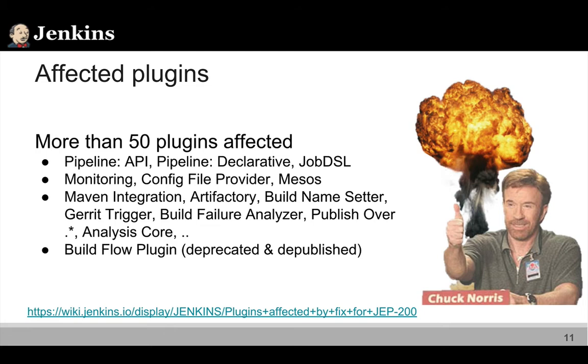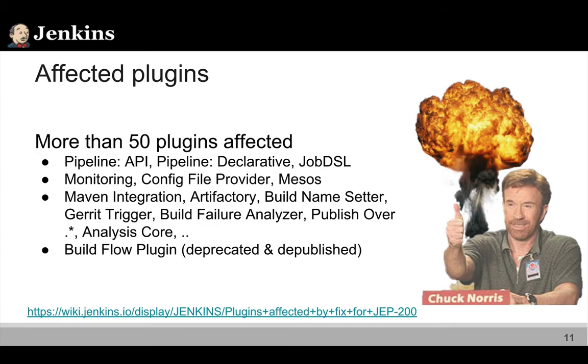And there are major plugins affected, for example, Pipeline API, Declarative Pipeline, Job DSL, Maven plugin, Mesos, etc. It means that almost every modern Jenkins instance would be affected if we just shipped it everywhere. By now, the regressions are fixed, so we get really good community ratings, and it should be fine.